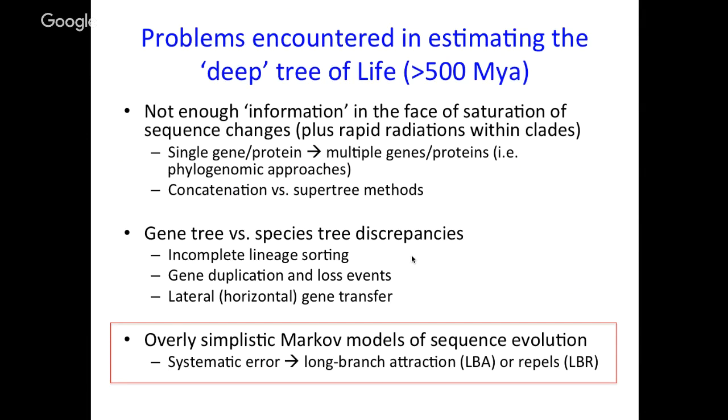Or cases where you have events of gene duplication and differential loss that can actually mask orthology. Ancient gene duplications kind of mirror trees, and make us think that we're looking at orthologs when we're in fact not looking at orthologs.